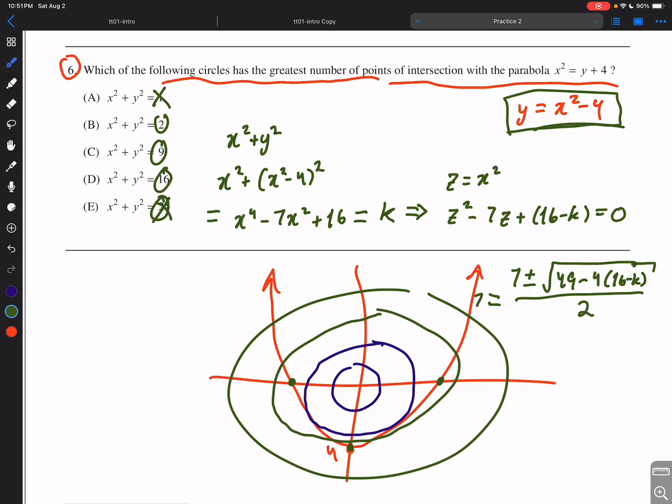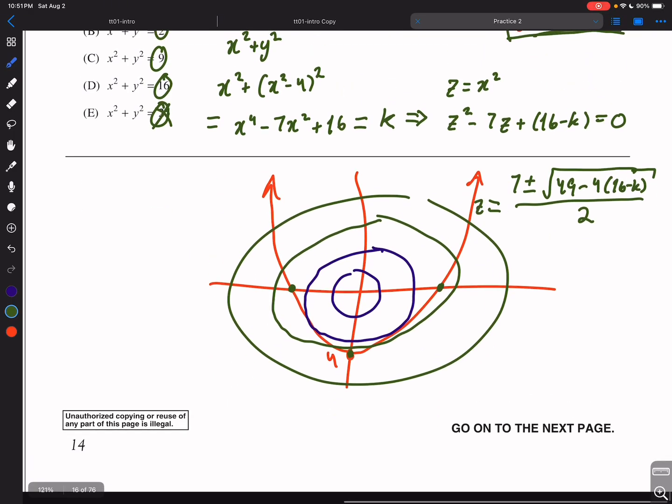One of them is positive for free because of the plus, but we want the one corresponding to the minus to also be positive.